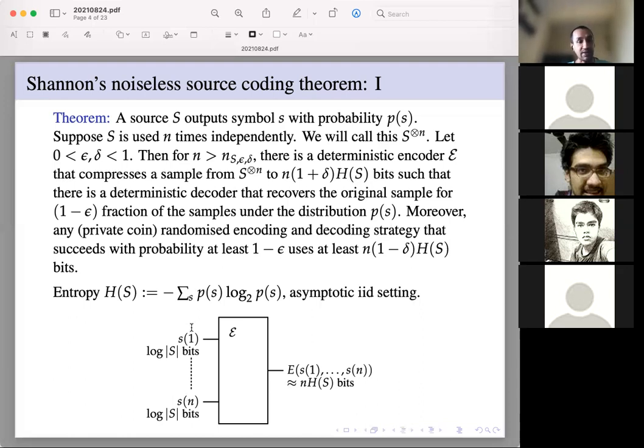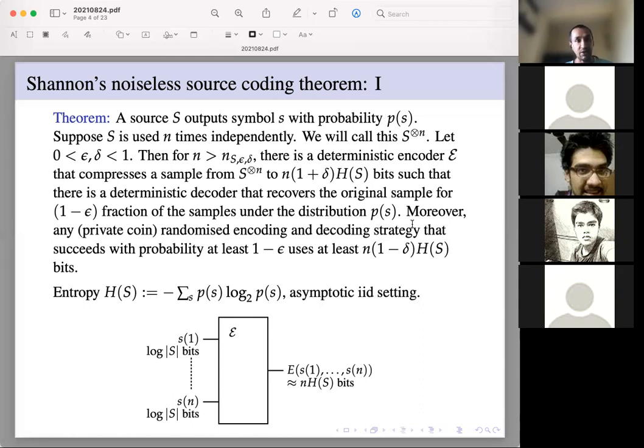Now, some of these sequences will be decoded incorrectly. All the sequences will be encoded into n times h s bits, but some of them will be decoded incorrectly. Nevertheless, most of them will be decoded correctly. So a 1 minus epsilon fraction of the samples will be decoded correctly by the decoder.